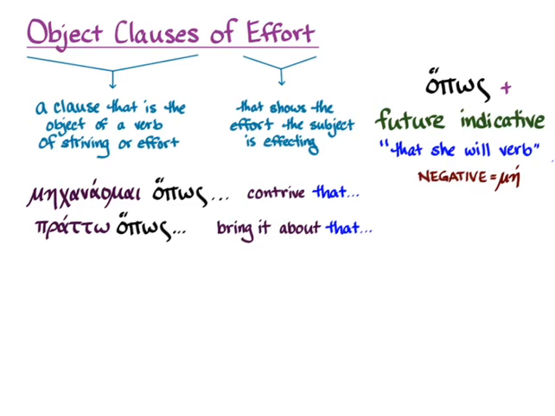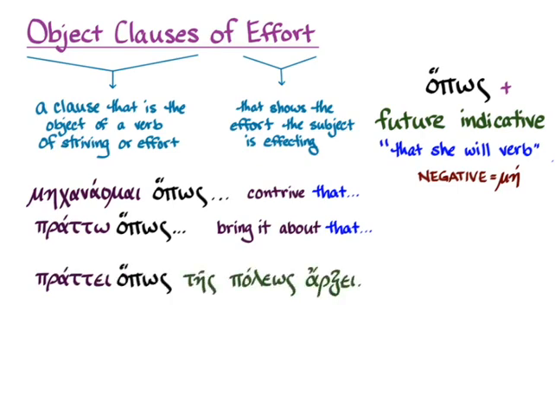And that needs a clause to tell you what it is that somebody's making sure happens. So let me give you a couple of examples. Prattei hopos tēs poleōs arxei. So there we have prattō and hopos and the future indicative of archō, so arxei, and we get she is bringing it about that she will rule the city. Fairly simple.